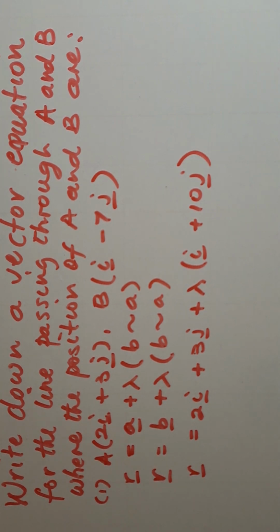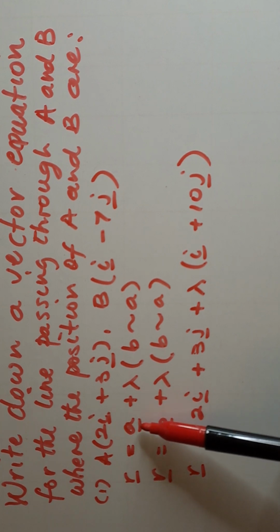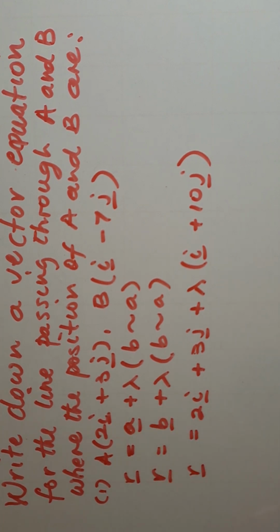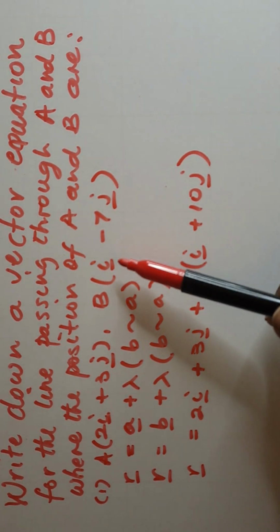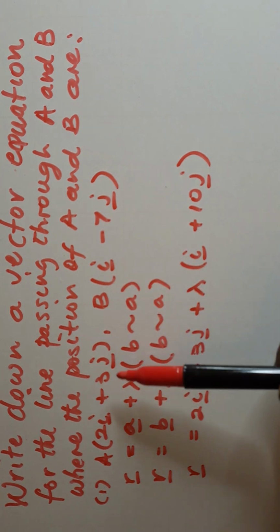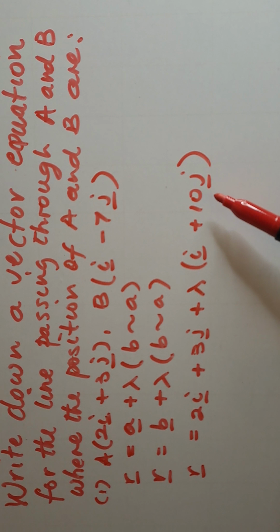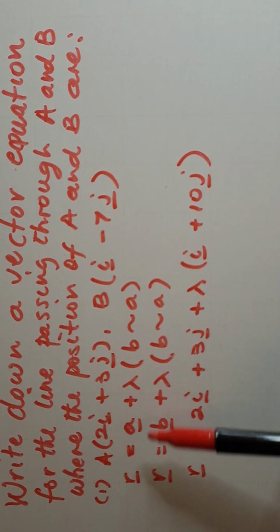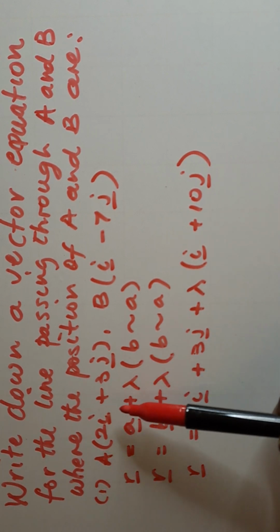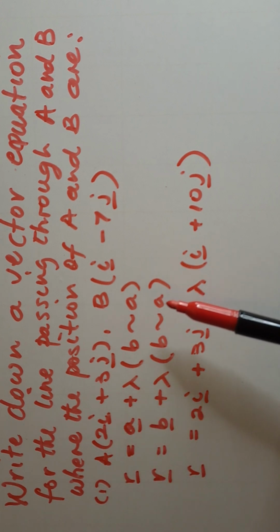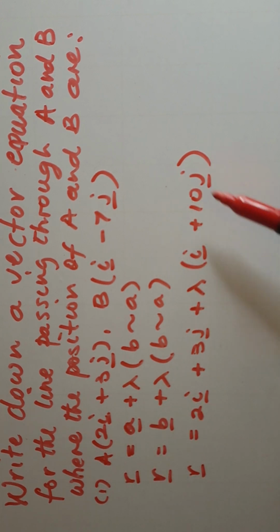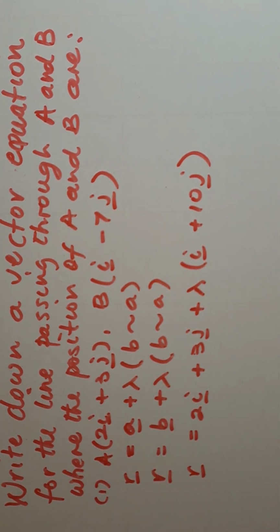I'll do this one for you. We've used this form here, so it's the position vector a, which is 2i plus 3j, and what we've used here is 3 minus negative 7, which gives us 10j, and so we're using a minus b for the direction vector d.